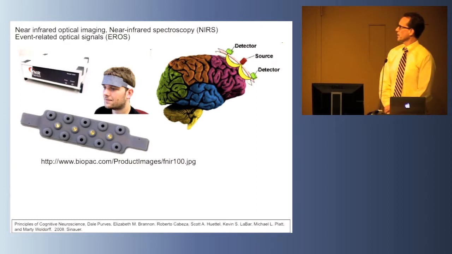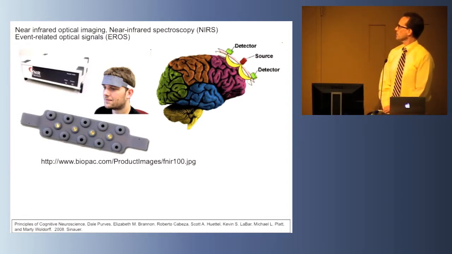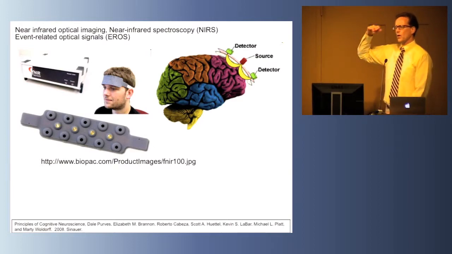It's used for near-infrared optical imaging, or it's also known as near-infrared spectroscopy or event-related optical signals. It's a small box. It involves placing this collection of emitters and detectors on the head somewhere.